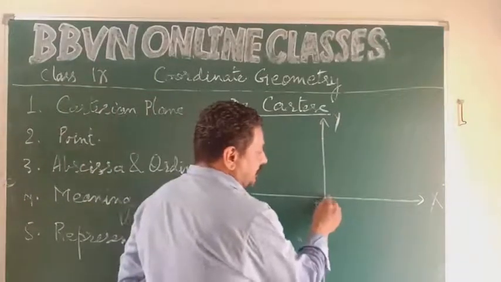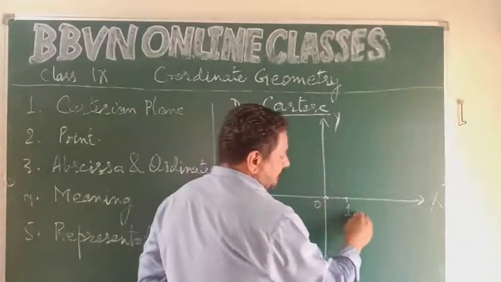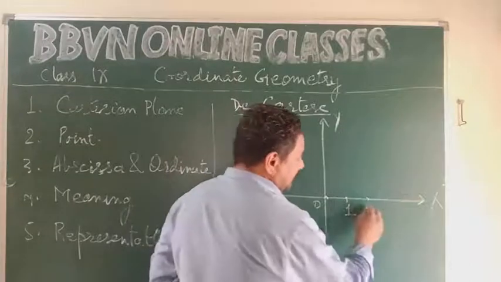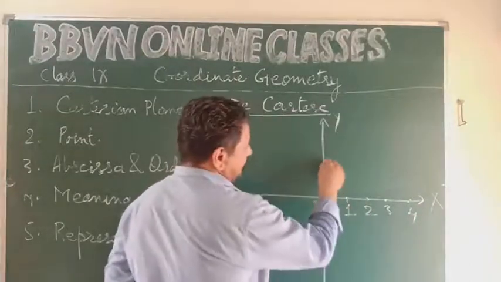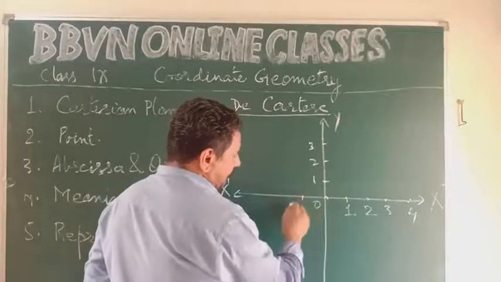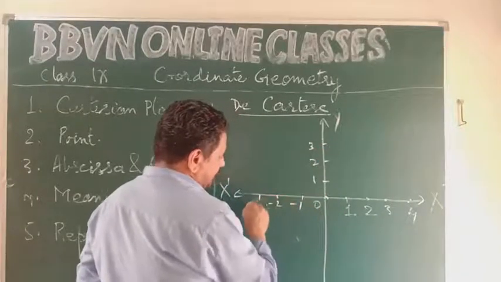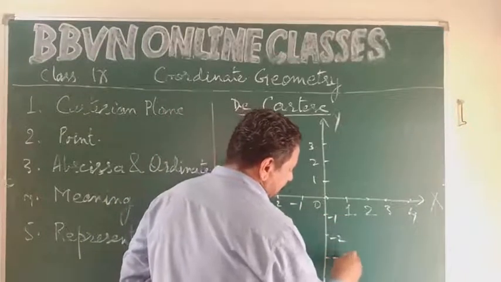Let's say from origin I start to the right side, 1 unit, that is 1. Next, same distance, it is 2, 3, 4 and so on. On the positive y-axis also 1, 2, 3. On the negative side you have -1, -2, -3, on the negative y-axis also -1, -2, -3.